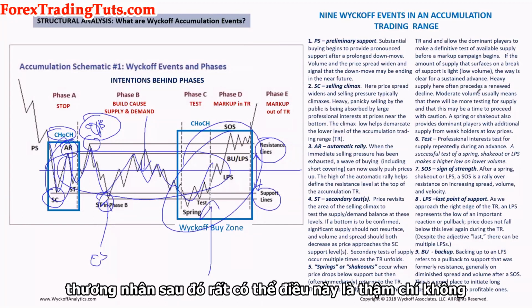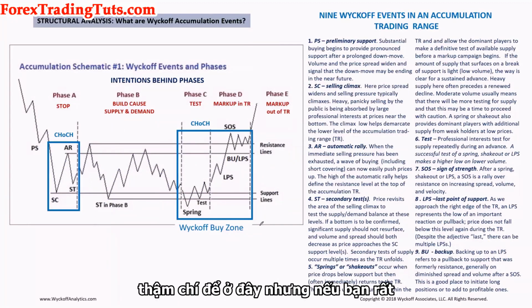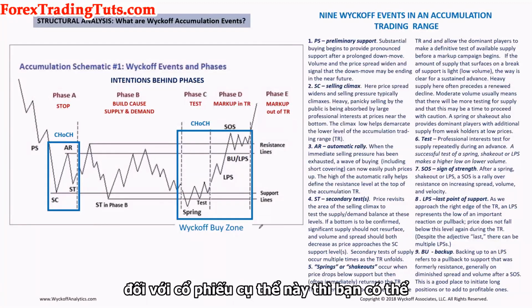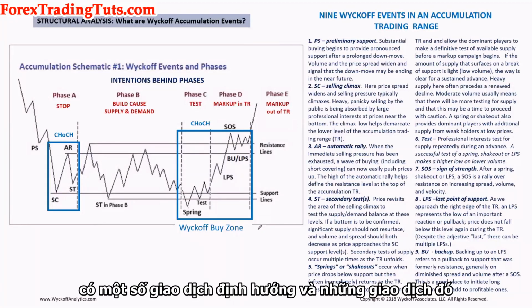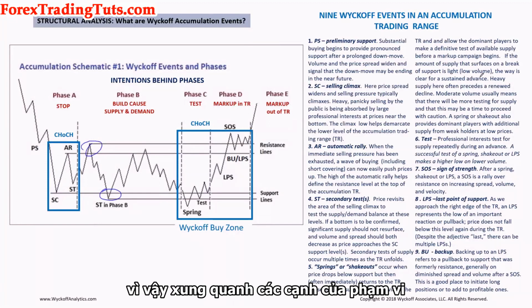If you're a swing trader, then most likely this is not even going to be the best candidate for you even to be in. But if you're a very, very short-term trader or just oriented for this specific stock, then you could have some directional trades, and those should be originated at the points of resistance and support, so around the edges of the range.